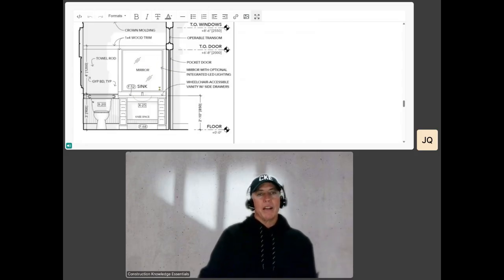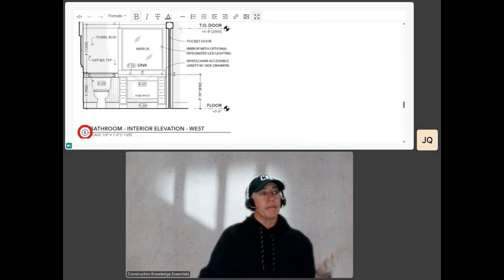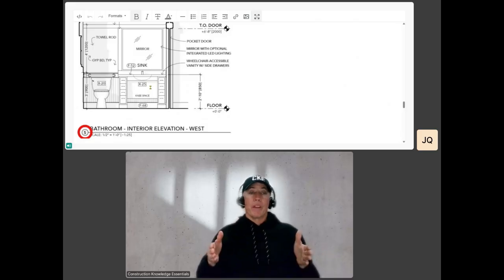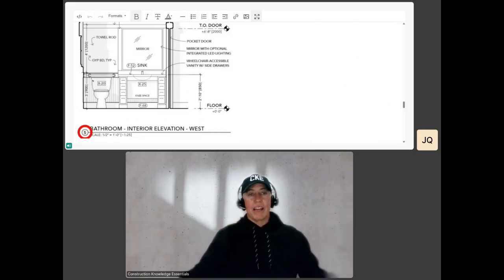It points to a sink. Now it calls out wheelchair accessible, which is like a vanity, and then vanity side drawers. So you can picture how the knee space is open. It's showing you that you have the ability with a wheelchair to roll up into this space, with the drawers on each side.